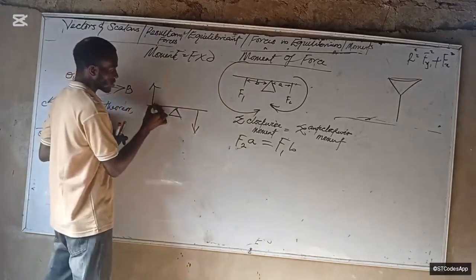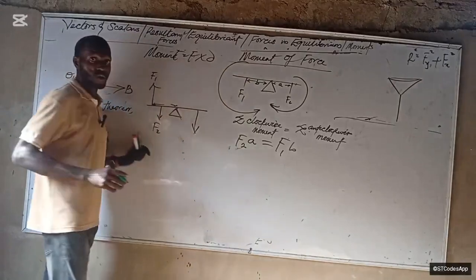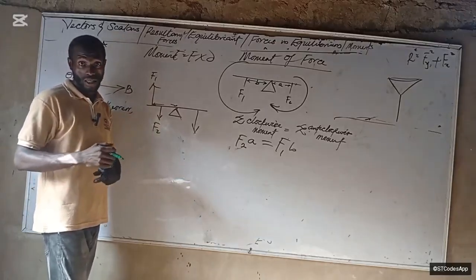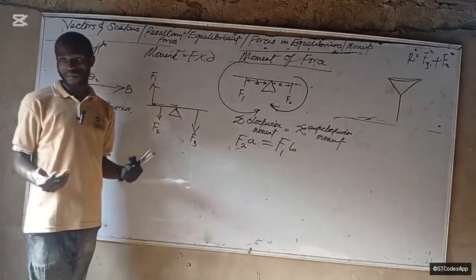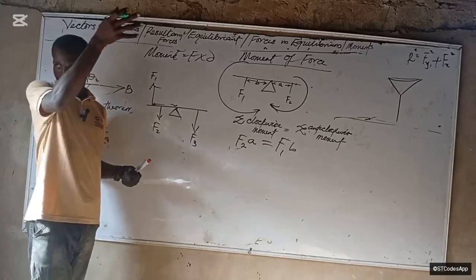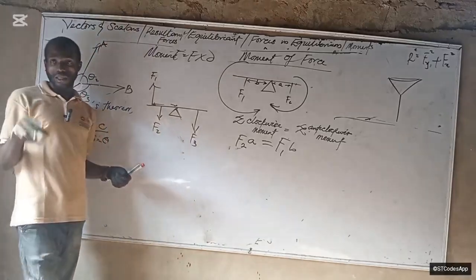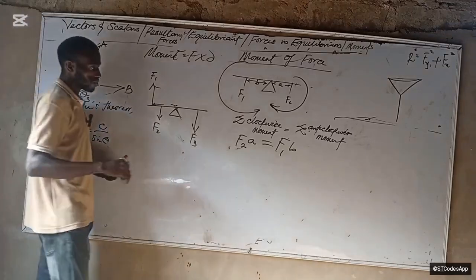Let's call these F1, F2, F3. If it's only mass you are given, just multiply by acceleration due to gravity. And of course, if you don't multiply, you still get the same answer, because it cancels out on either side.